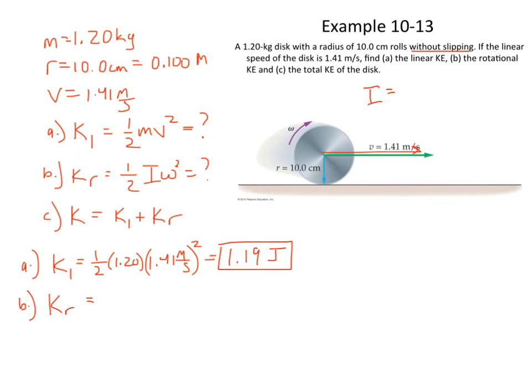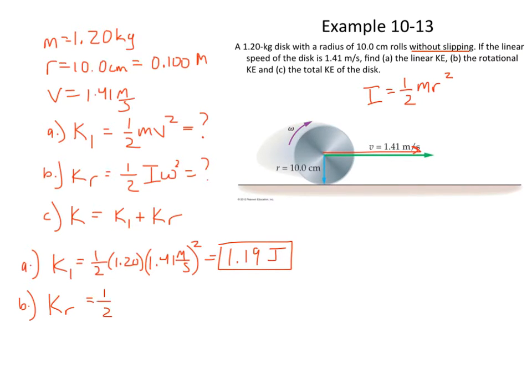So 1/2 mr squared. We know the mass and we know the radius. Something you need to watch out for: the kinetic energy is 1/2 times I times omega squared, so it's 1/2 times 1/2 mr squared. You're going to put another 1/2 in there as well.